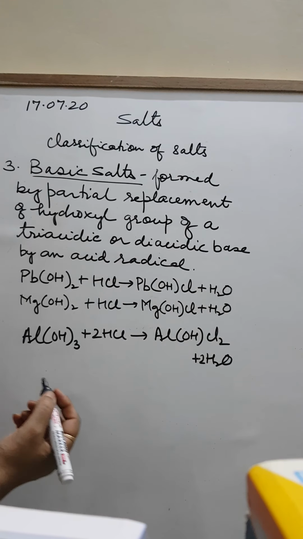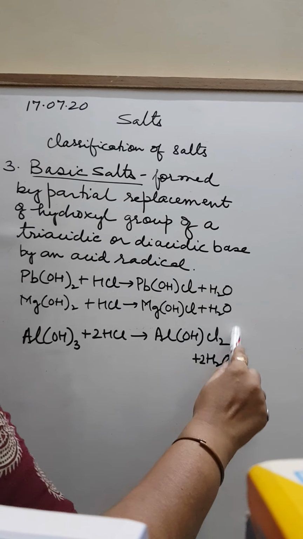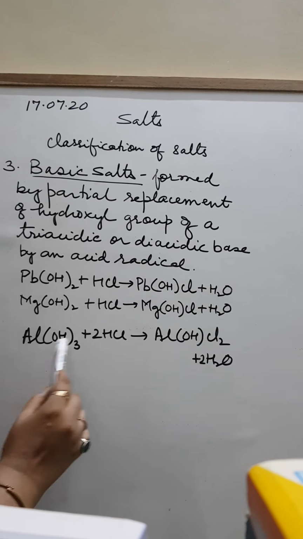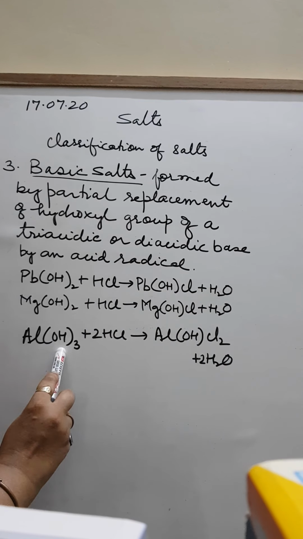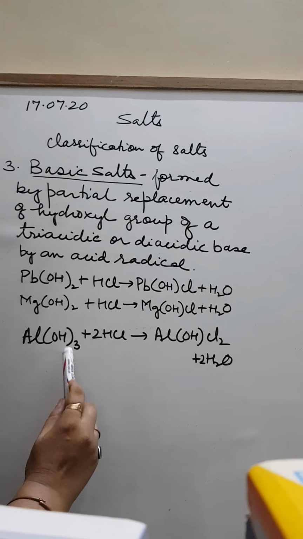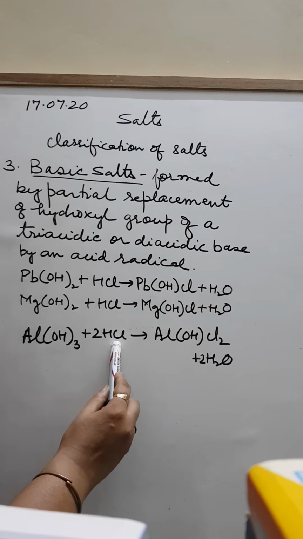So balancing, you just see. So children, this salt exists or not is a different thing. On paper I have to show you, it was incomplete replacement or neutralization or replacement I should say of this OH by HCl.